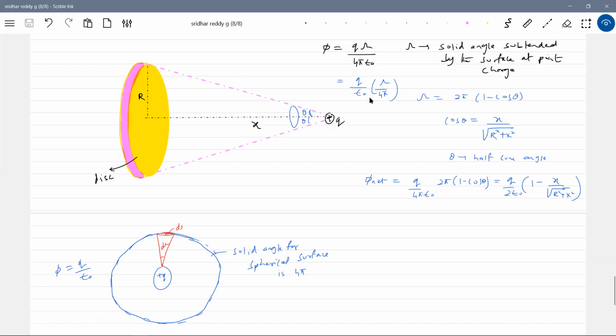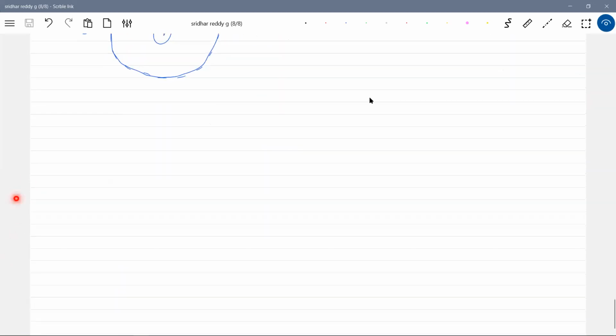This is for a circular plate. What about a rectangular plate, sir? Definitely. So for a rectangular plate, let me draw one.